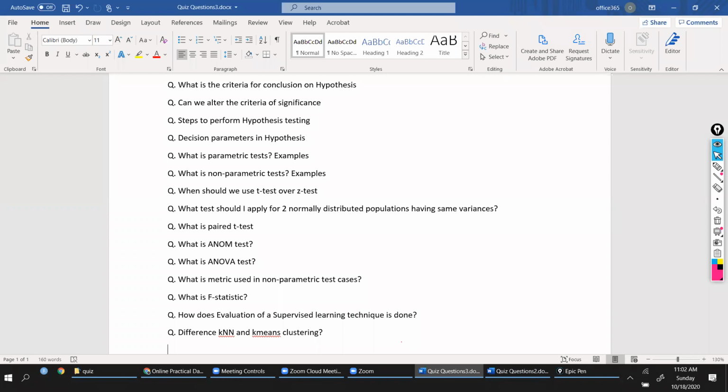KNN is a supervised learning technique, whereas k-means is a clustering algorithm, which is unsupervised. One is used for predictions or classifications. The other one is used for descriptions, descriptive statistics. Wonderful. And what else do we have?